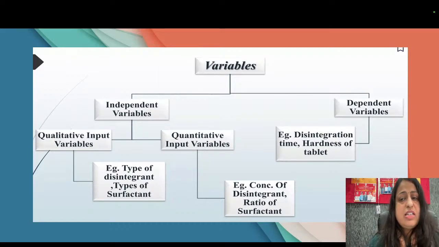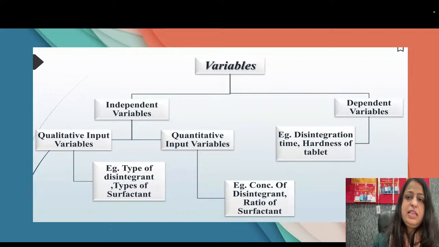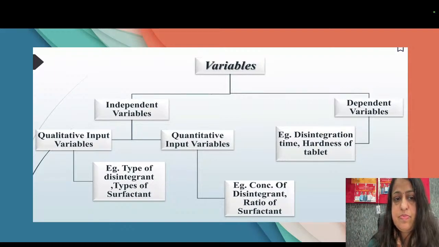Then dependent variables are those variables, as their name suggests, that depend on the independent ones. Independent means they are free, we have our choice to select the independent variables, and dependent variables will be chosen accordingly, as they are directly connected to each other.